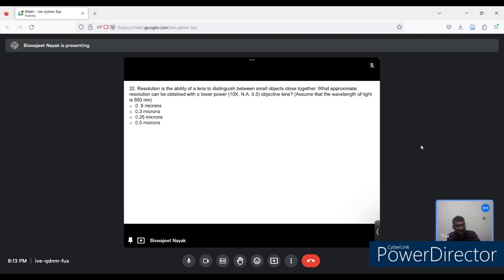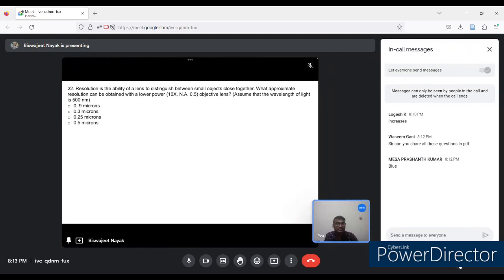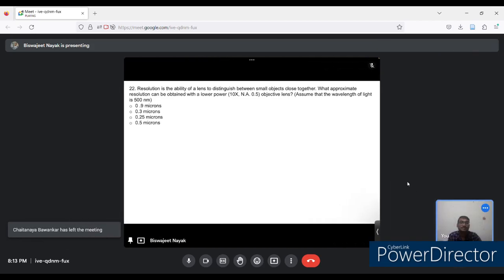Anyone want to try and tell me the answer? How is resolution given? d equals, here what values are given? NA is given, so lambda by 2NA, right?